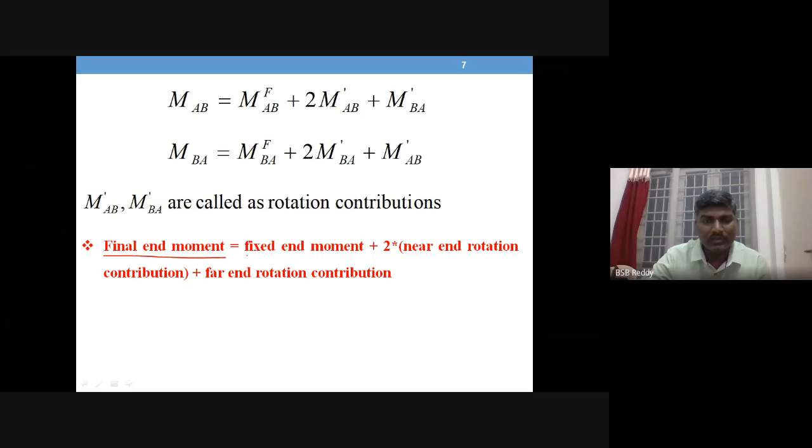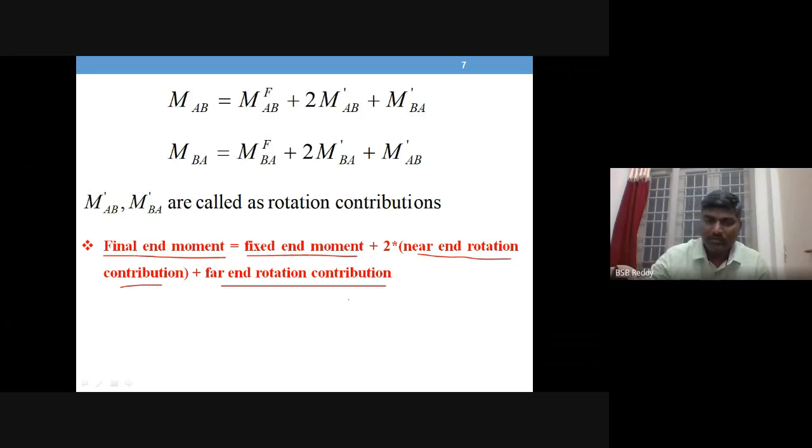method, is the fixed end moment plus 2 times the near end rotation contribution plus the far end rotation contribution. This is the formula we need to use to calculate final end moments in a structure.